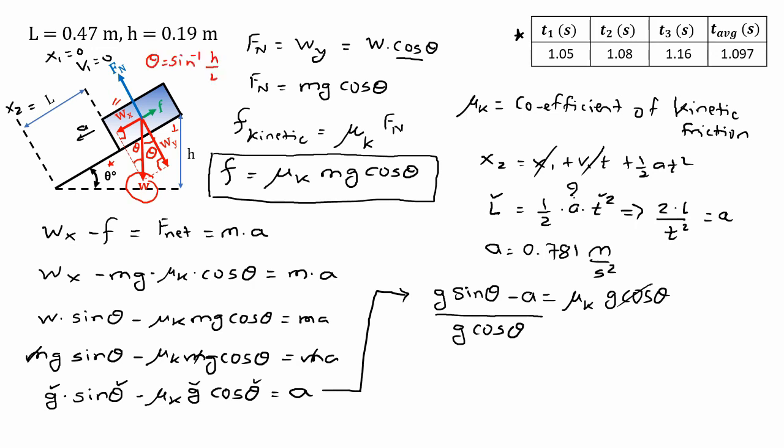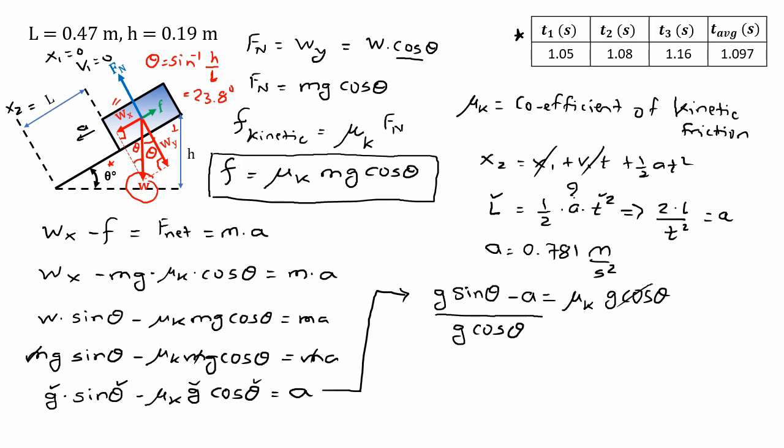And that turns out to be 23.8 degrees. So we have all this information. Now we can just plug it in here and calculate mu k.